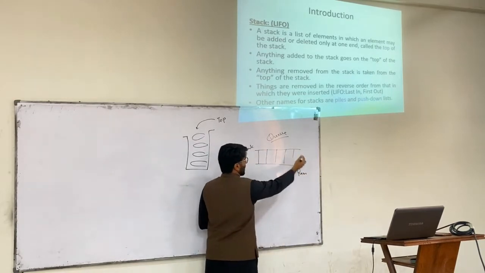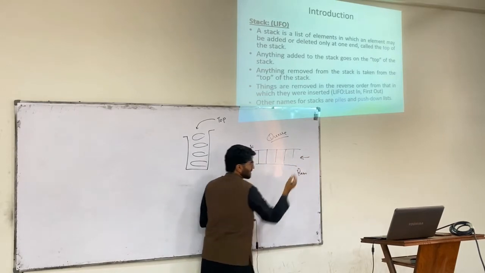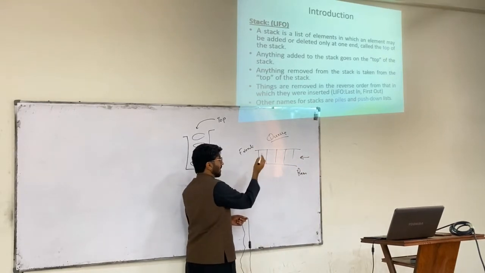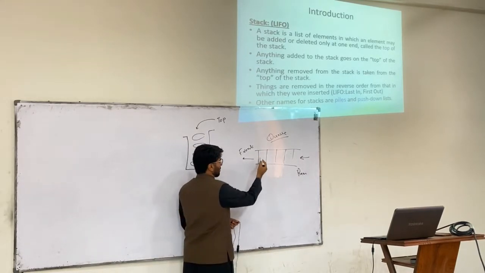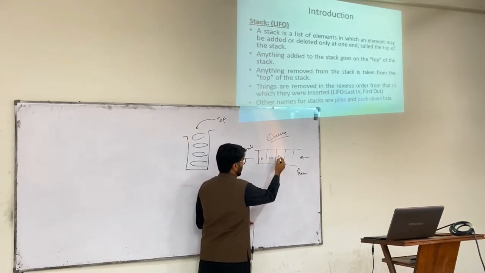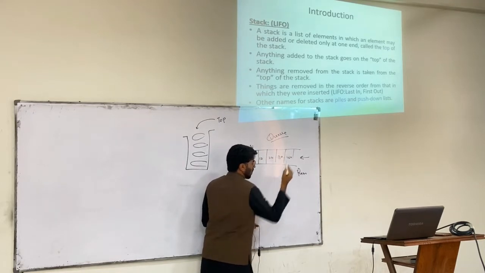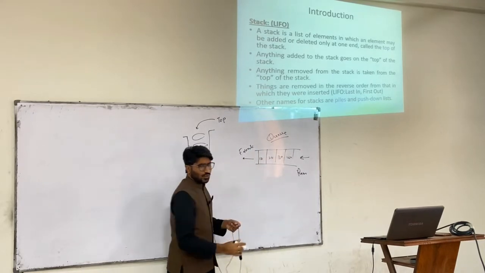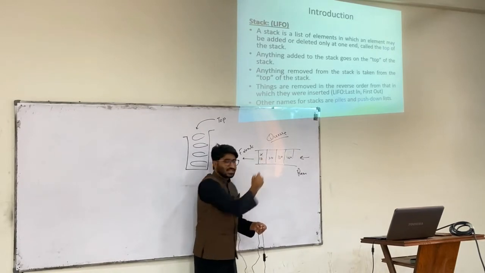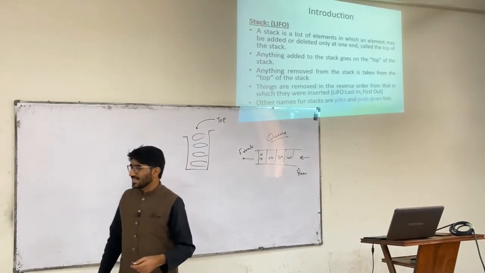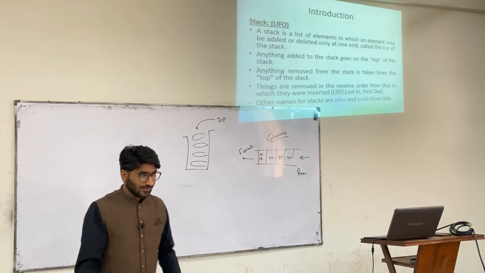Data is always inserted from the rear in a queue, and data is removed from the front. So if we insert 10, 20, 30, 40, and so on, and then remove, the first element which we inserted will be removed first in the queue. But in the stack, it is the inverse.